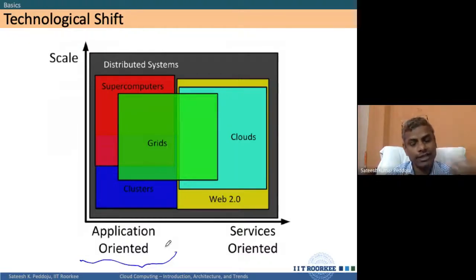This sharing can be expanded across the globe to hundreds, thousands, millions of systems to run a particular application.